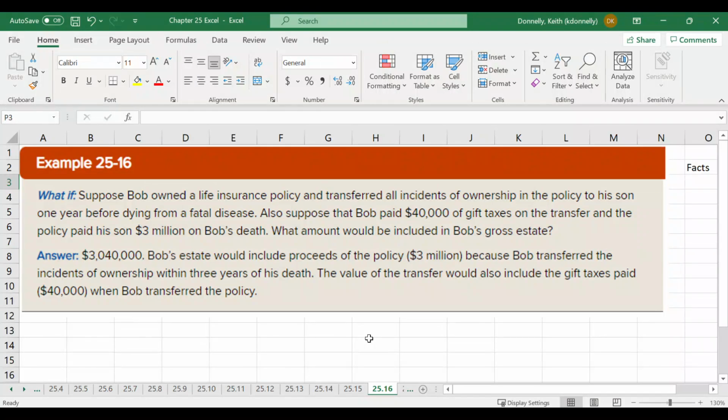What amount would be included in Bob's gross estate? Basically, because they transferred it within 3 years of their death, it's in that look back window. We're going to include all $3 million in the gross estate, and we're also going to include the gift tax that we paid on it in our gross estate.